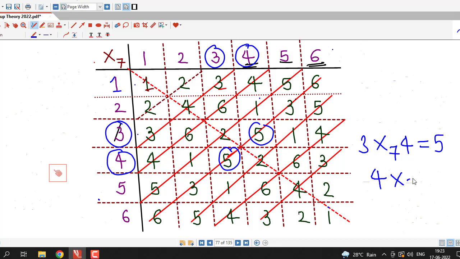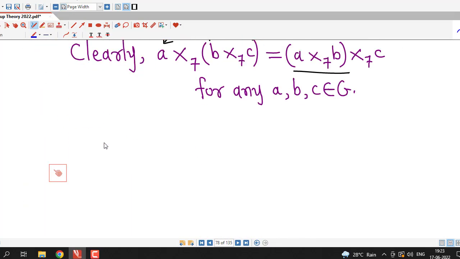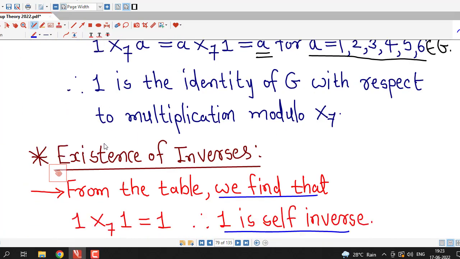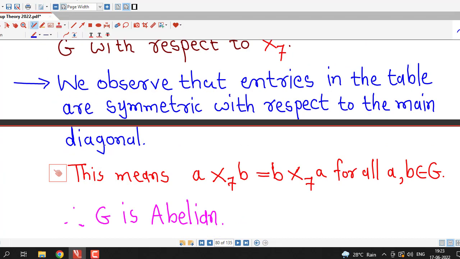So if entries are symmetric with respect to main diagonal, then this property will automatically be satisfied. So from the table we can write that commutative property is also satisfied because entries in the table are symmetric with respect to main diagonal.